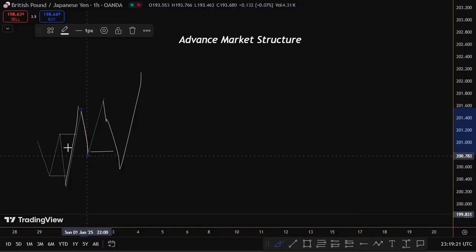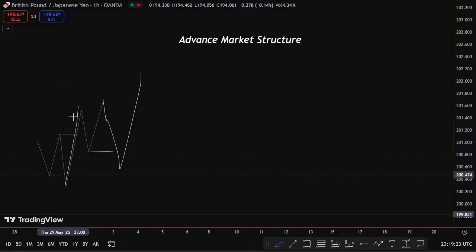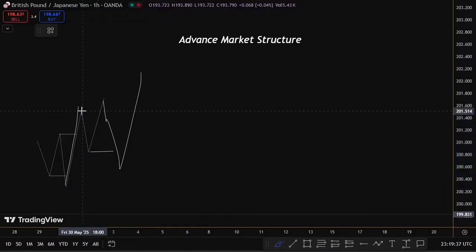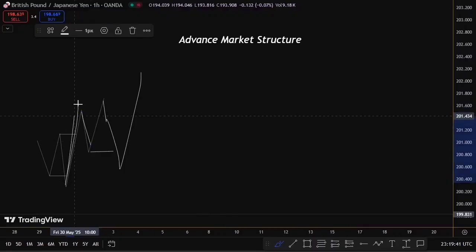So we've stated that this here is the impulsive move. Now this pullback that happened here is not up to 50% of the original impulsive move.